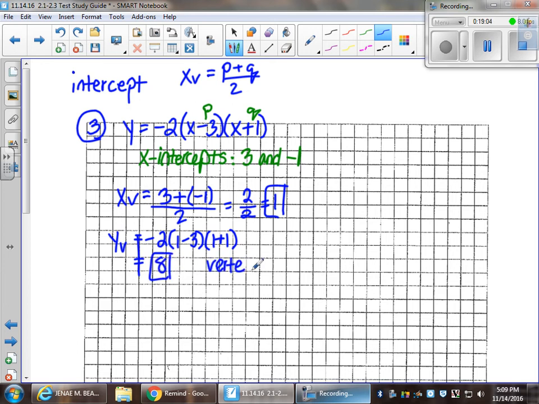So I know the vertex is 1, 8. Intercept form is the only form where I do not need a table from you. I am totally okay, I'm 100% okay with you graphing the vertex and your intercepts and calling it a day. So let's get this graph down.